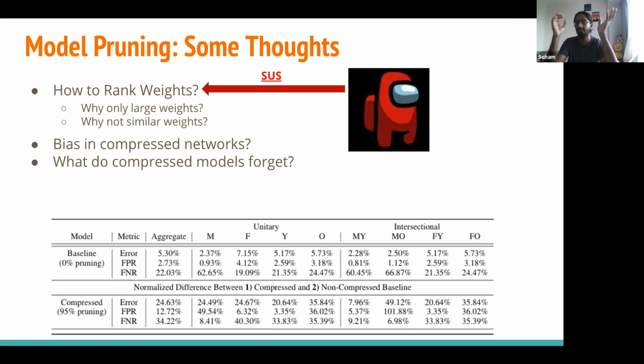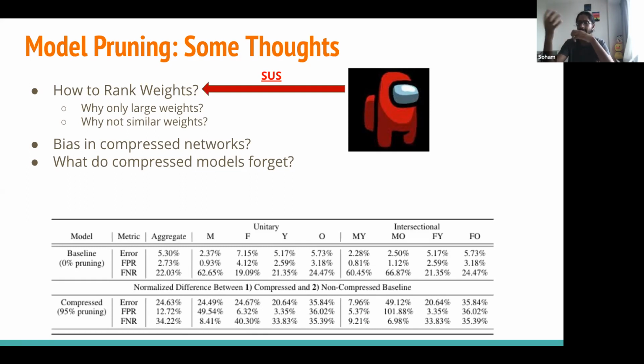Like I mentioned, we rank weights and then we remove all the low magnitude weights. And this to me is a bit weird because you're saying that the low magnitude weights don't affect the accuracy, and why is it only that the high magnitude weight affects the accuracy? That doesn't make sense to me.